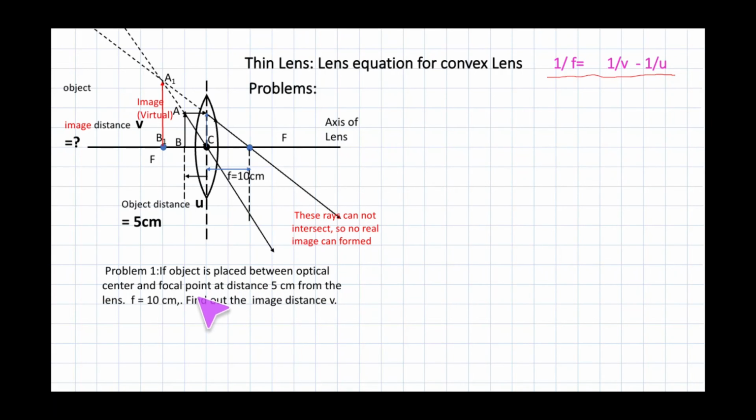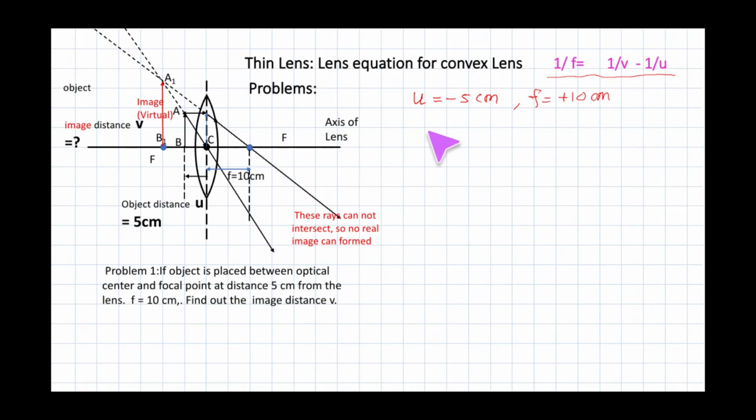We have the object distance minus 5 cm, so u is equal to minus 5 cm, and f is the focal length, which is given, that is plus 10 cm.